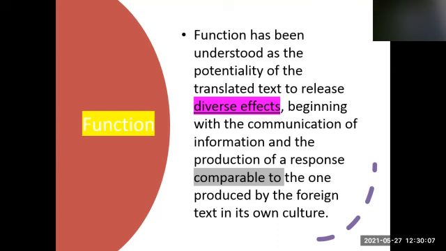If it is not the same, then there is something wrong. So equivalence and function. Okay? Function relates to the feelings of the source text. While translating, I have to produce, again, these feelings, these effects.